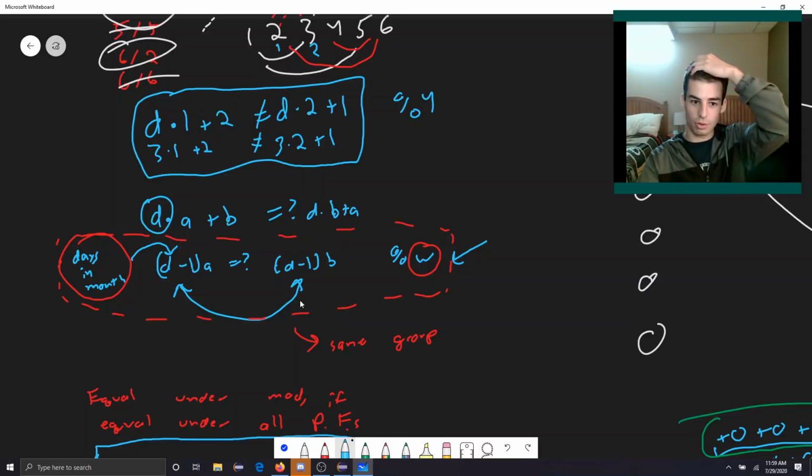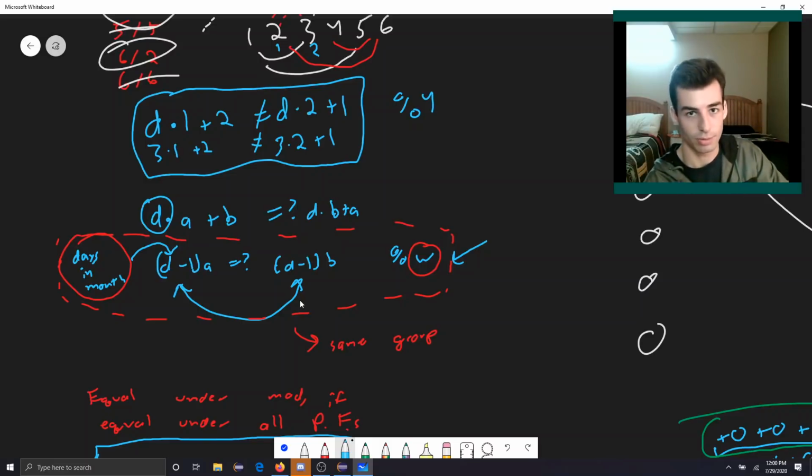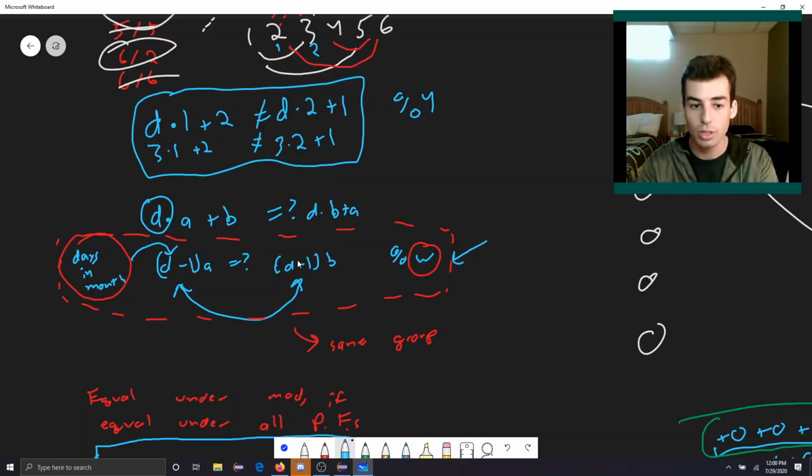I made a video on how to understand mod inverses for prime mods, but when you don't have a prime mod, it's a bit tricky to comprehend, mainly because sometimes a mod inverse doesn't even exist. So we can't safely divide this number out from both sides of the equation to see that A is equal to B only when A equals B. There might be other times that it's equal.